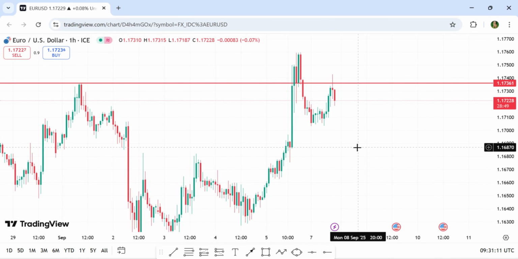And then this week we might also have the rally continuing, since the last 4-hour candle closed with a bullish momentum, giving us something like a break and retest of this previous zone.